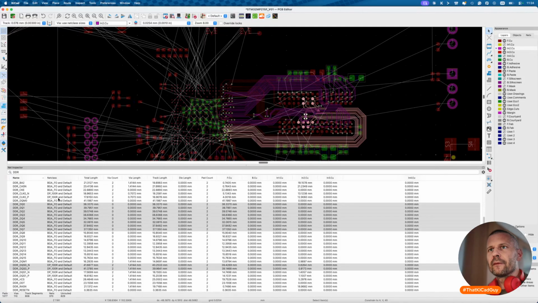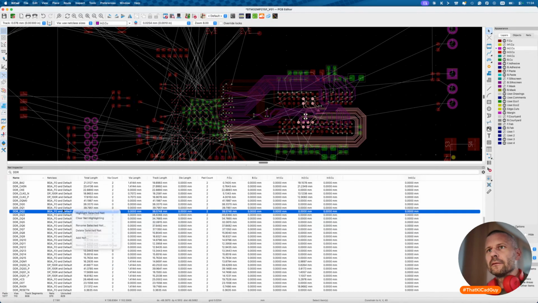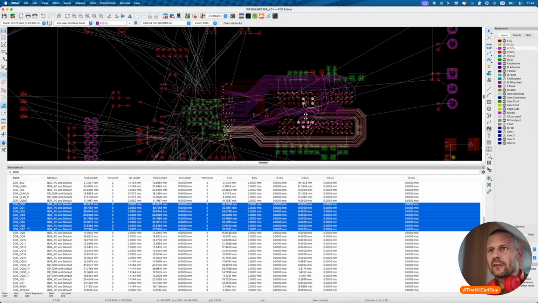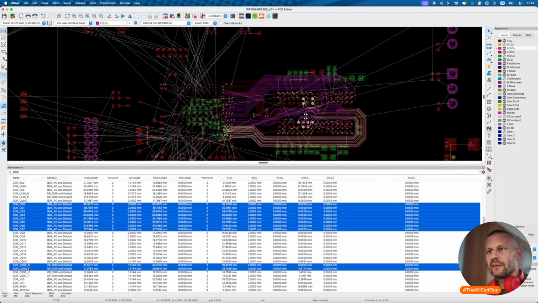I like it. But unfortunately, they don't keep selected, which now I would expect like change the color or group them. Not possible. So total length 38, 39.